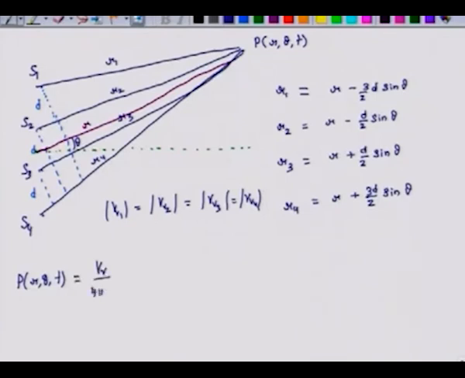V over 4 pi r j omega rho naught, and then because I have 4 sources I have to add the contribution of each source.